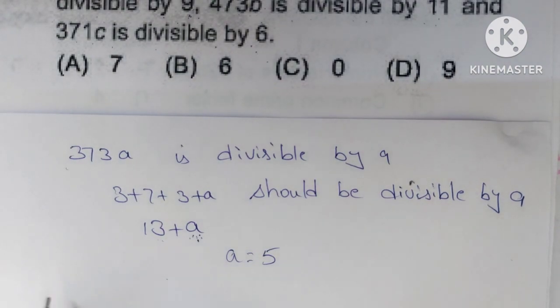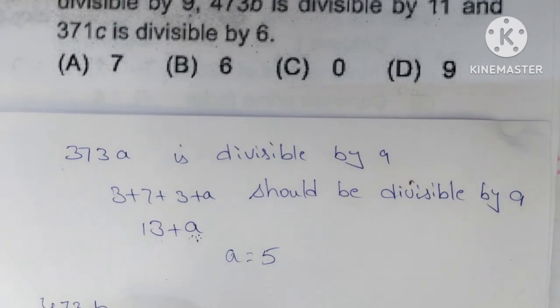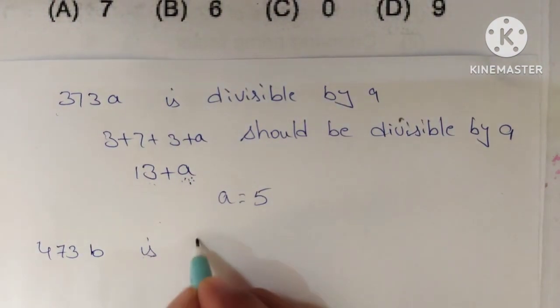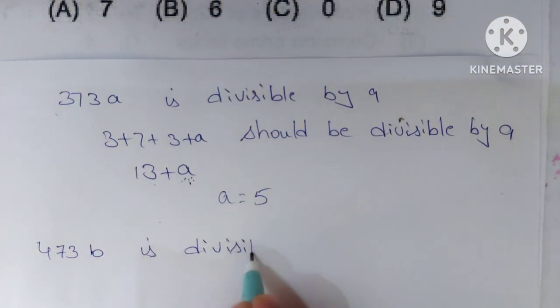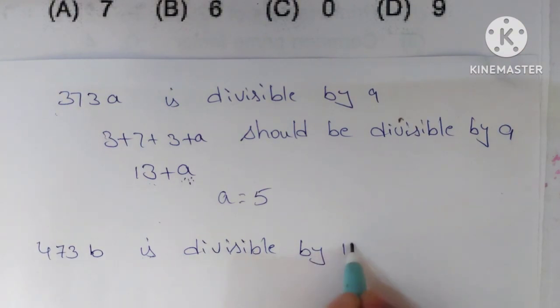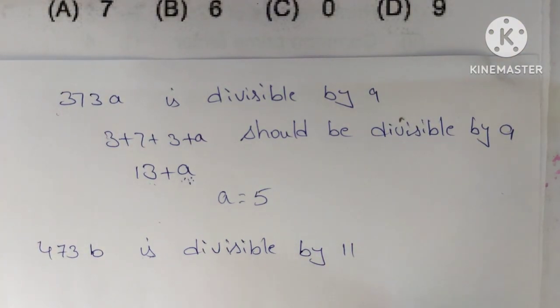And the second one, 473B is divisible by 11. According to the divisibility rule of 11, the sum of the odd digits and the sum of the even digits, their difference is equal to 0 or 11.